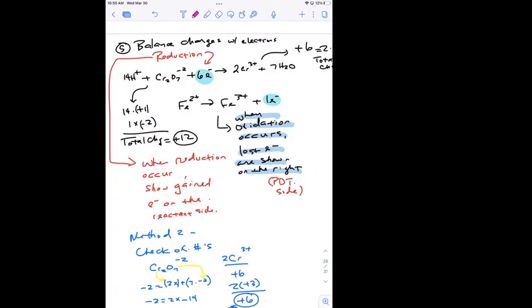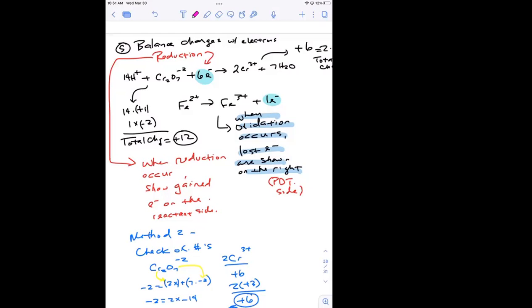So in this equation, which one gave up electrons? Was it the chromium or was it the iron? And you can tell that by looking at which step is oxidation and which step is reduction. That's why I said when you show reduction, you want to put the electrons on the left side of the arrow.